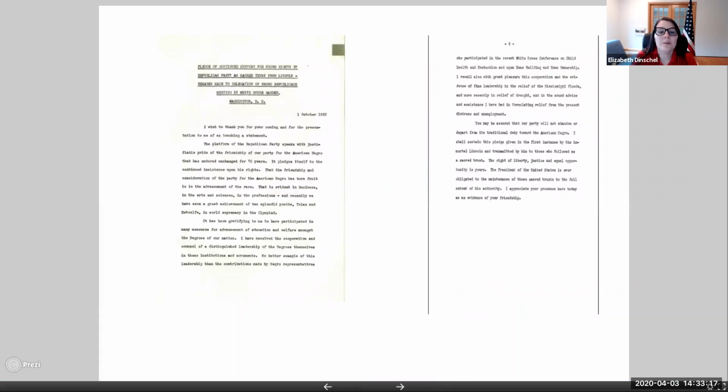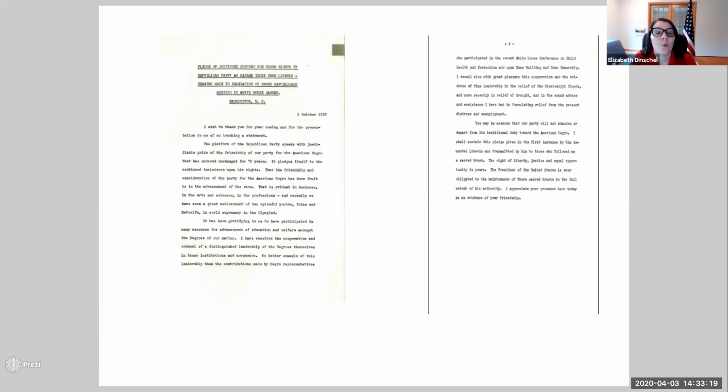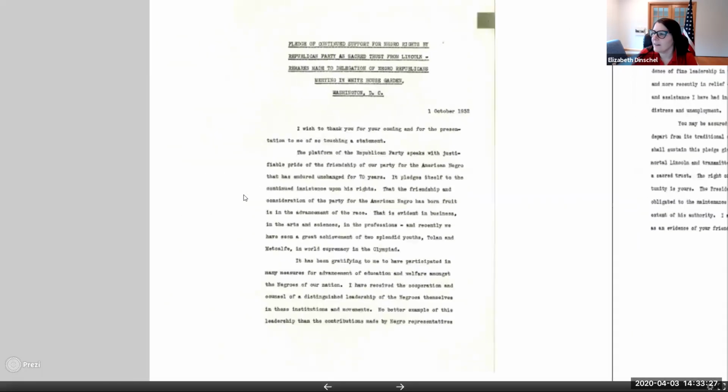So Hoover hosts a Black delegation on the White House lawn in 1932 and pledges support for Black rights. So let's take a look at this letter here. This is a speech he delivered. It's October 1st, 1932, and he thanks people for coming. And it says, the platform of the Republican Party speaks with justifiable pride of the friendship of our party for the American Negro that has endured unchanged for 70 years.